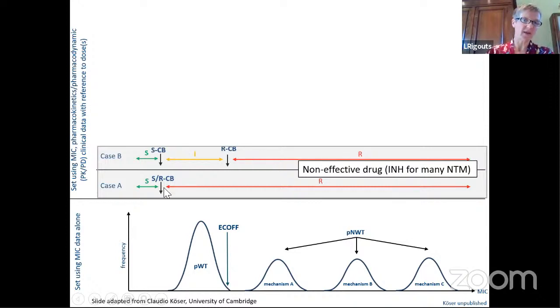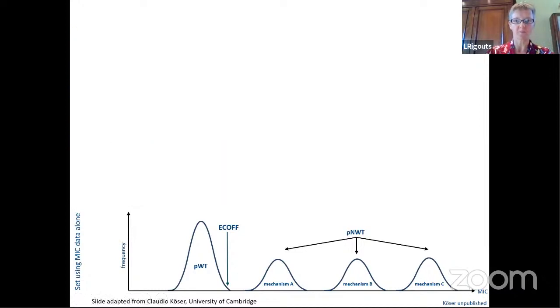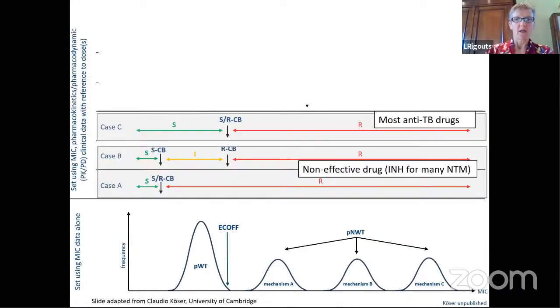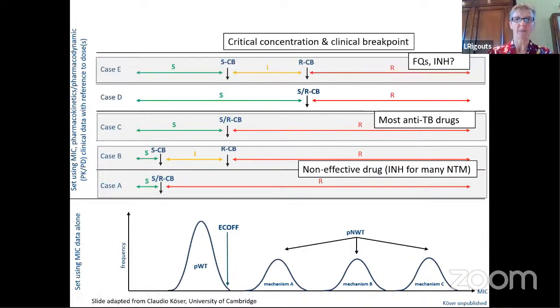This is a non-effective drug for many of the non-tuberculous mycobacteria. It's also possible that the ECOFF coincides with the separation between the susceptible and the resistant, non-wild type population, which is the case for most anti-TB drugs. And that's also why we usually test a single concentration, the critical concentration.